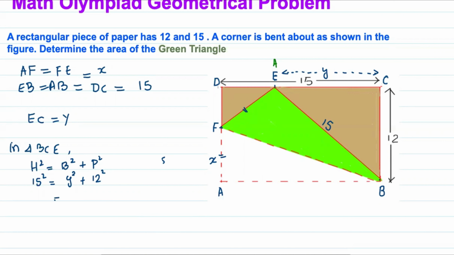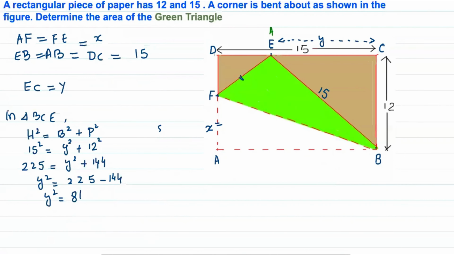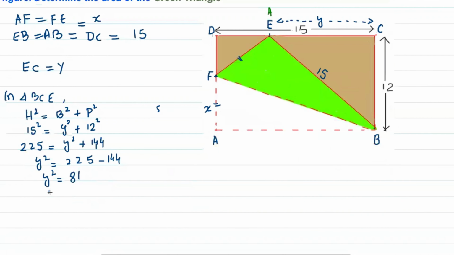Therefore, we can write 15 square is 225, equal to Y square plus 144. Now Y square will be equal to 225 minus 144, and that answer will be equal to 81. Now Y square equals 81, and we take the square root on both sides, we get Y equal to 9. This length of EC is 9.